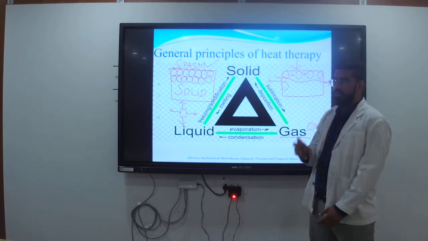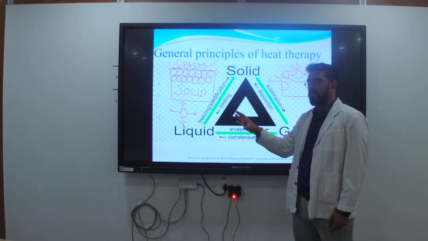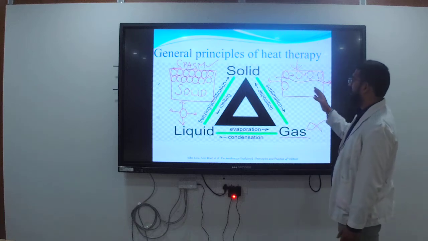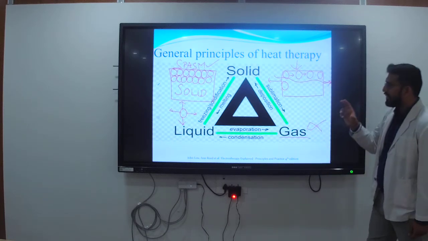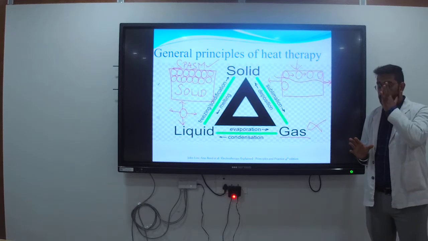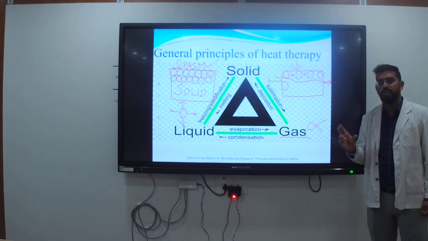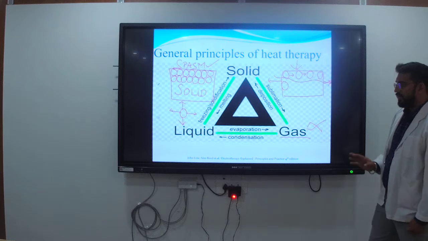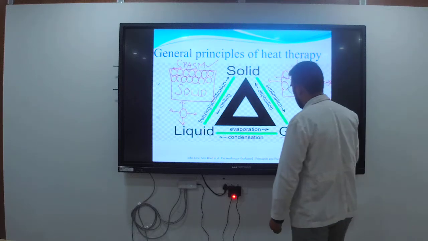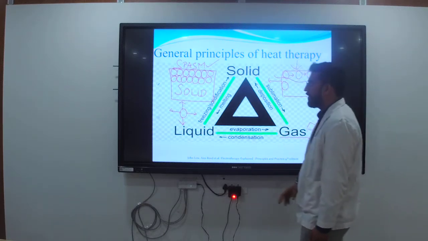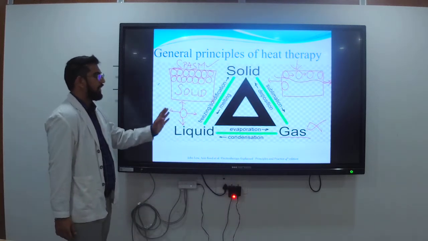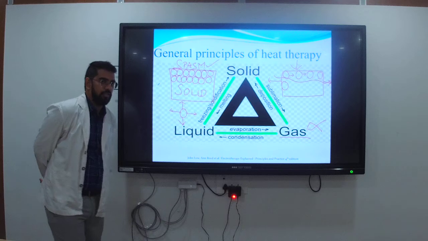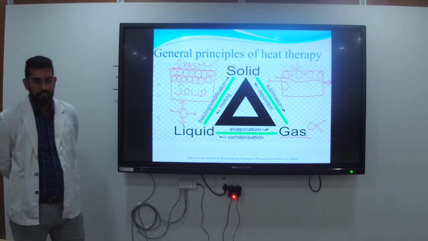Solid form means contracted form. Here solid means contracted. It undergoes some kind of relaxation so that intermolecular spaces increase and the tissue has inner space to move in that particular part. Clear everyone? There is no concept of gas. Please take a note of this, everyone, so that we can proceed further.